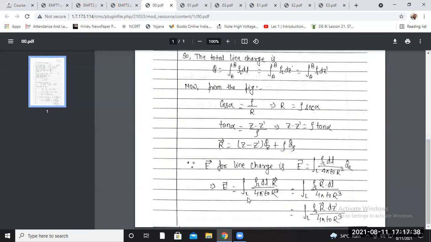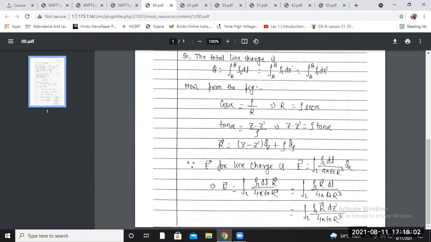Now E equals the integration over the length L of rho l dl. The unit vector ar is represented in vector form as vector R divided by the magnitude of R. When you multiply with R square, it becomes R cube. So rho l R dl divided by 4 pi epsilon naught R cube will be there.